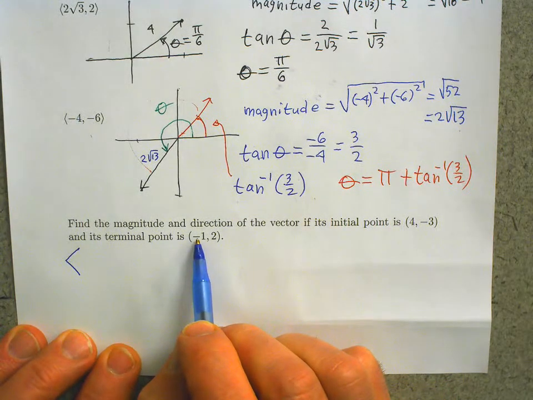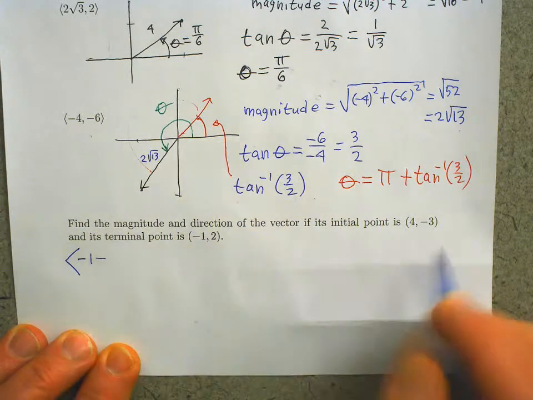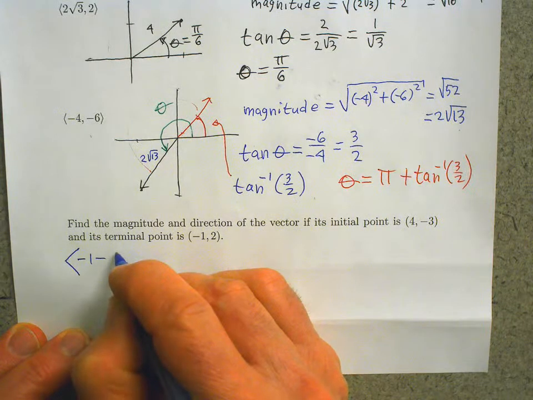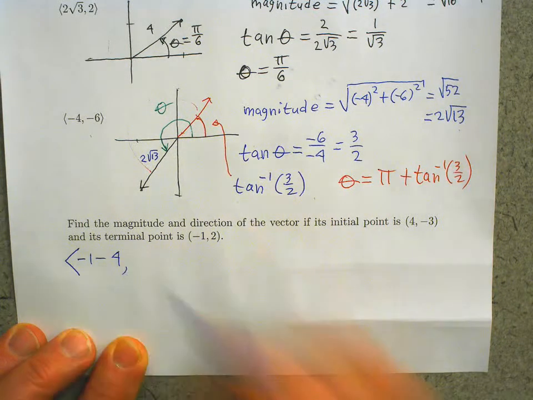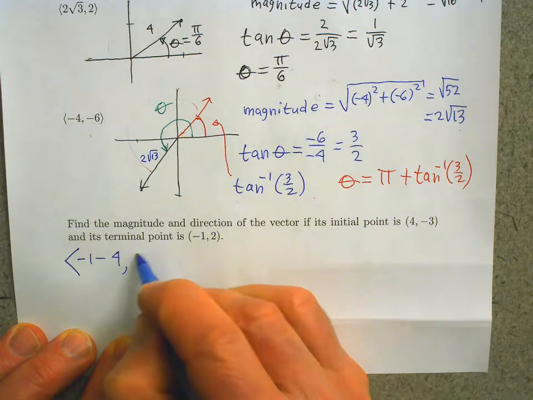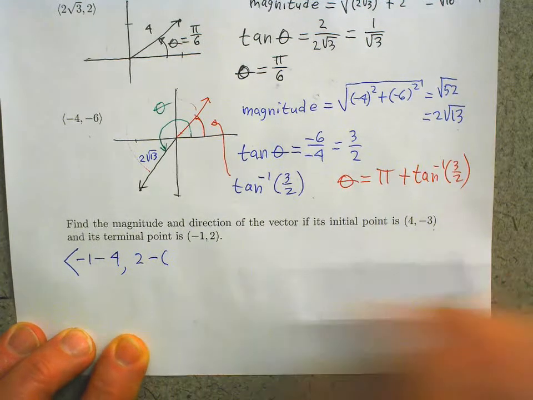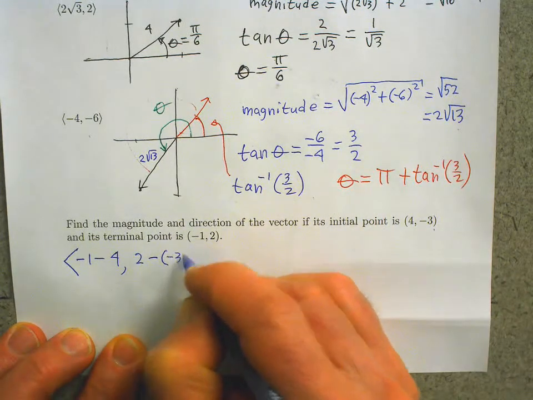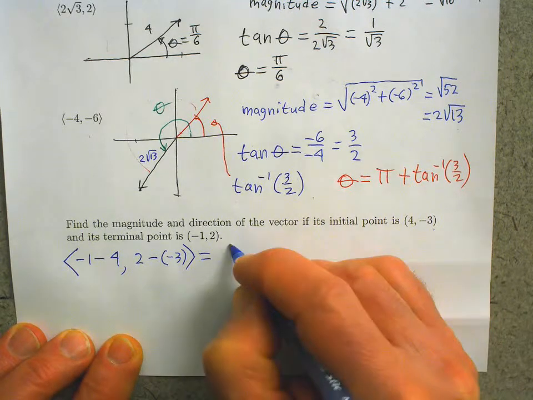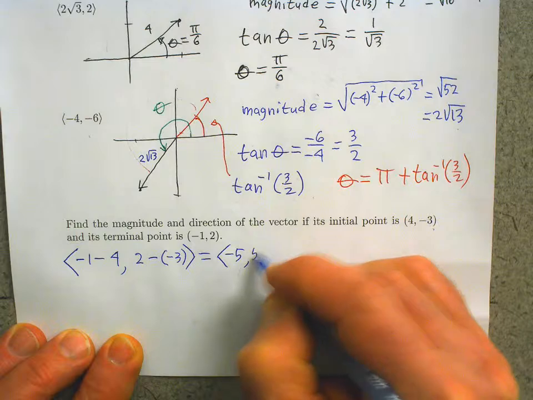The x-coordinate of the terminal point is -1, so -1 minus the x-coordinate of the initial point, -1 minus 4, and then the y-coordinate of the terminal point is 2, so 2 minus the y-coordinate of the initial point, 2 minus -3. And so the component form is <-5, 5>.